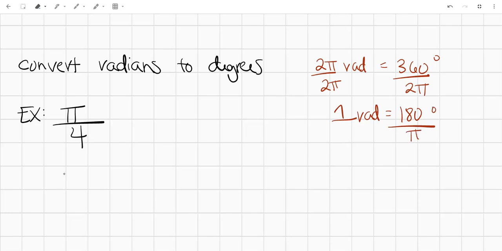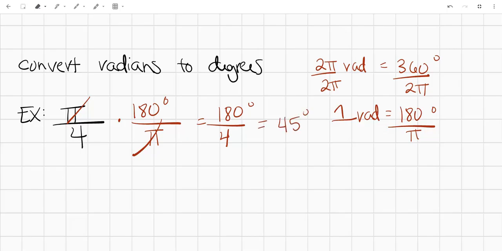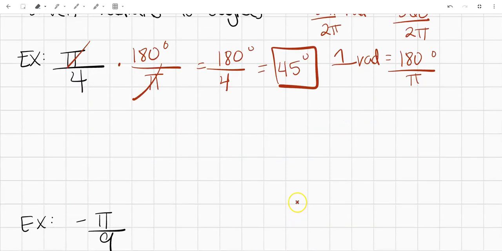So pi over 4 is in radians, so all I'm going to do is multiply by 180 degrees over pi. Notice that my pi's cancel. I'm left with 180 degrees divided by 4. Simplifying 180 divided by 4 just gives you 45 degrees, and that is my solution.